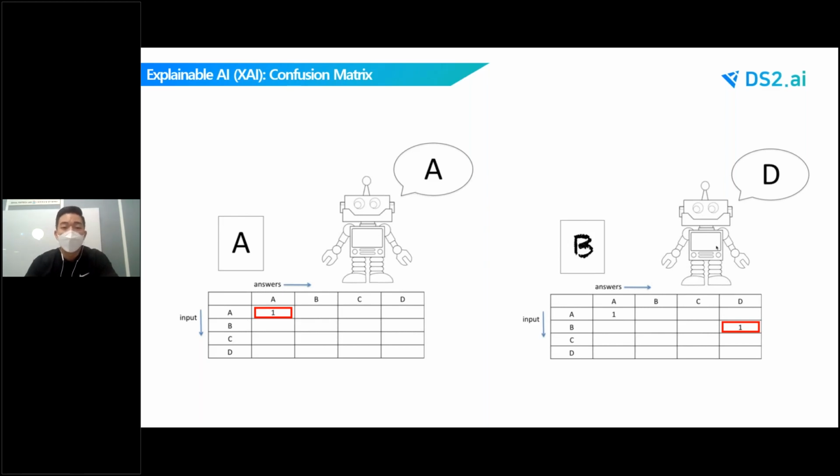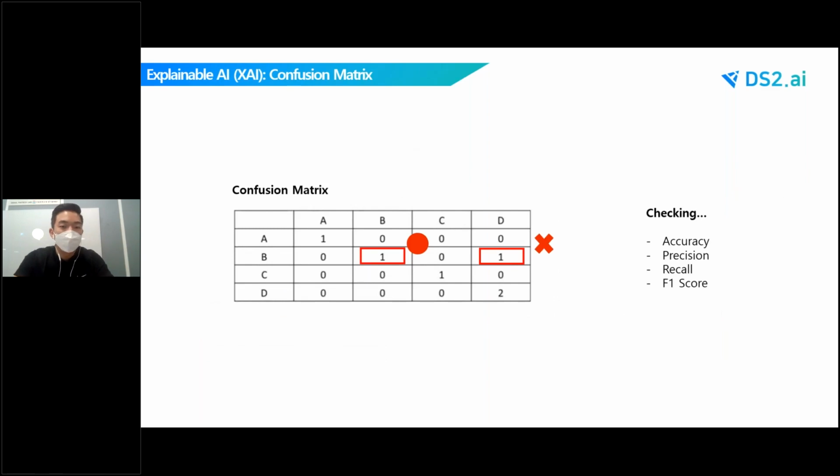Because it responded with A when the letter A was displayed, we input the number 1 into the input and the output value A. This time when the letter B was displayed, the letter was broken, so it recognized it as D. In this case, number 1 is inputted accordingly to the input-output value of B and D. In this way, through a table that combines data and AI recognition results, it's the confusion matrix to see if the model works properly or if there have been any errors.